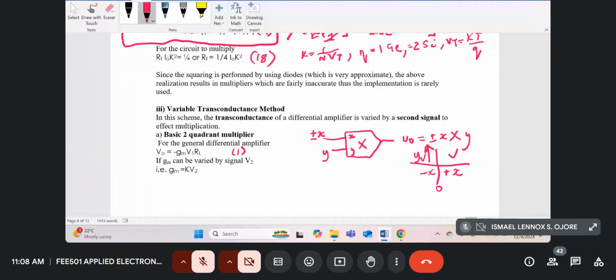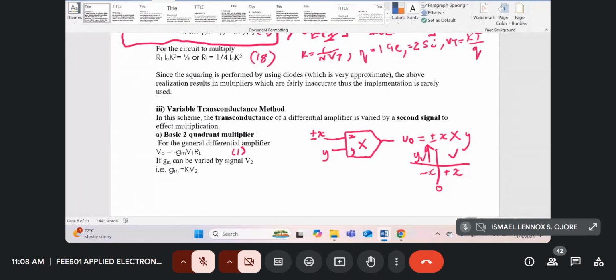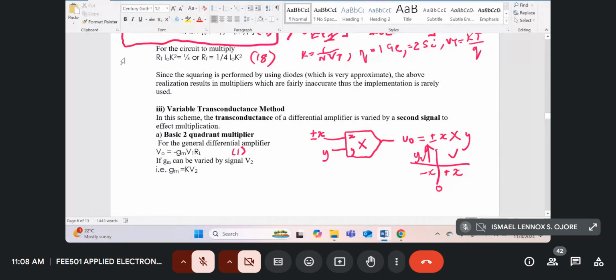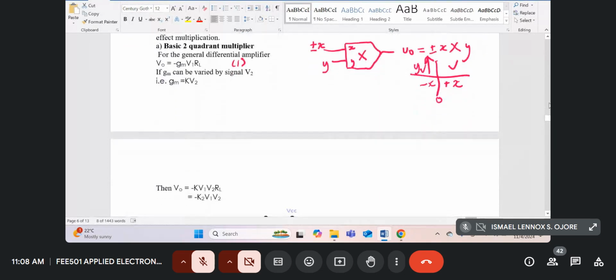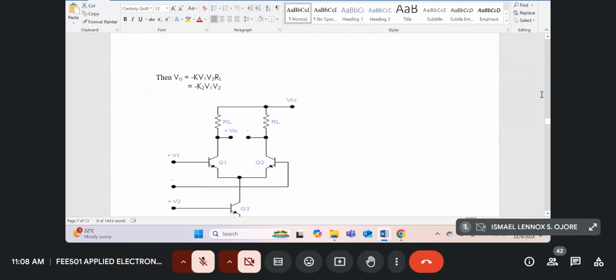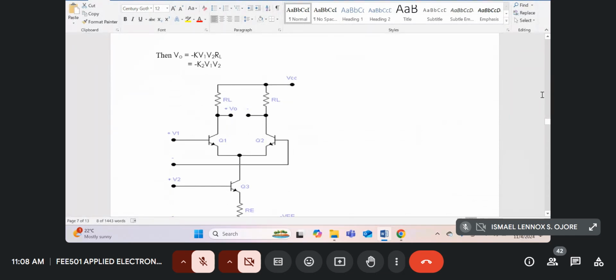Now, if the GM can be varied by another signal V2, we can write that GM is some scalar into V2. So we can substitute for GM in equation 1 by K V2. Then we get this equation over here.